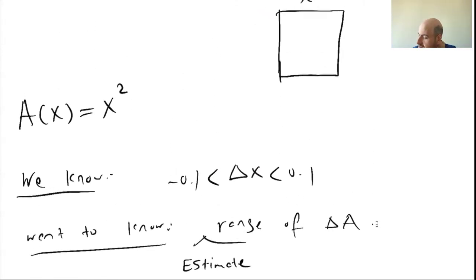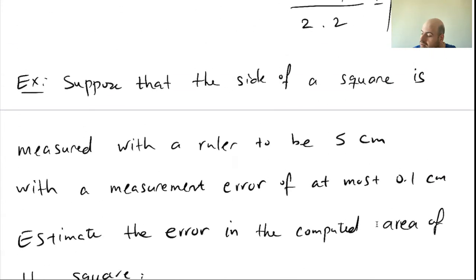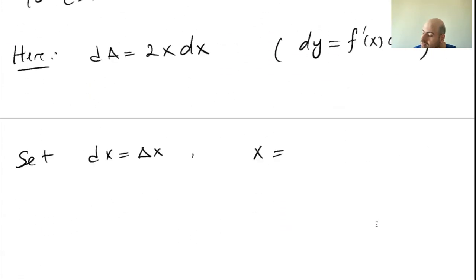Now if I set dx to be delta x, and x is how much? The measured side is 5 centimeter.